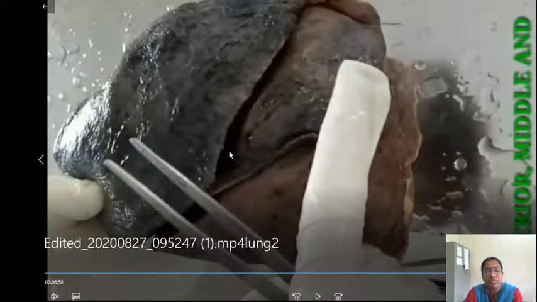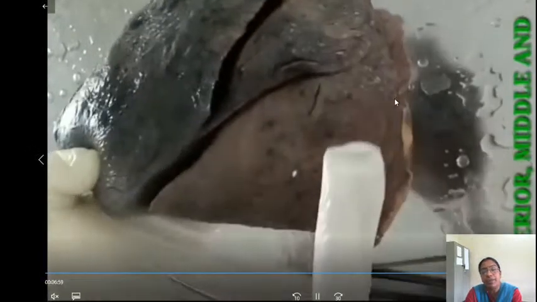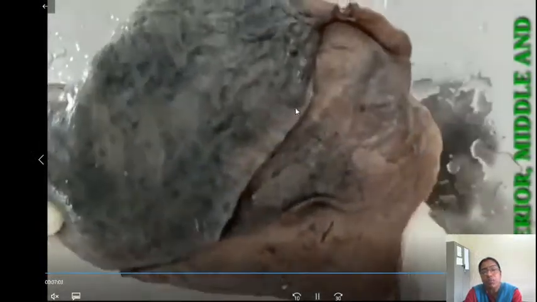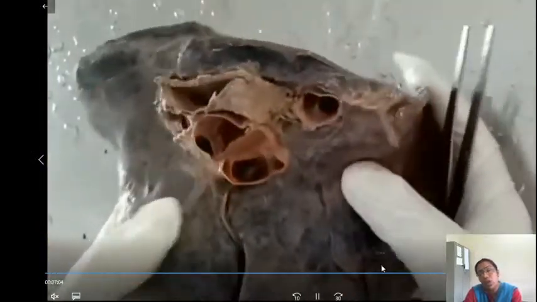Because of this horizontal fissure, the right lung is divided into the middle and the upper lobe. The oblique fissure extends obliquely from the posterior border to the inferior border. So you get the upper lobe, middle lobe and lower lobe.